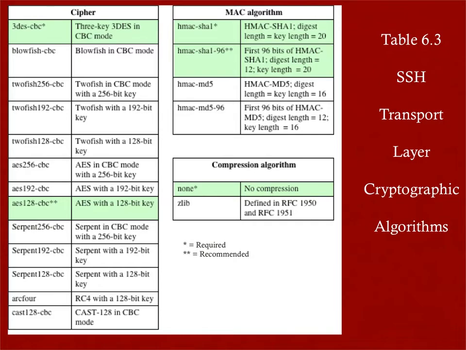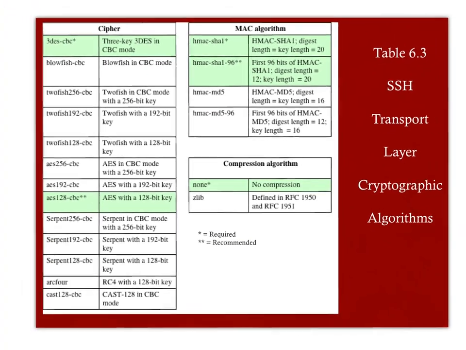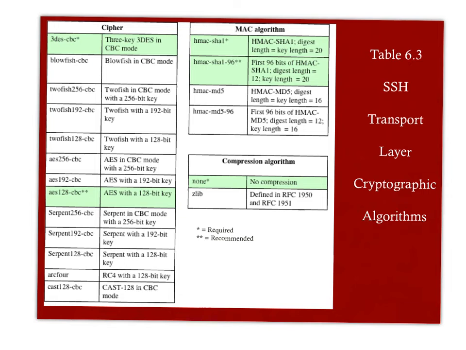So these are the possible techniques for encryption, for MAC, and for compression that are listed in the standard. The green ones are the minimum that any implementation of the standard should support.